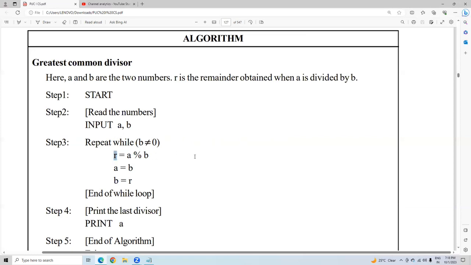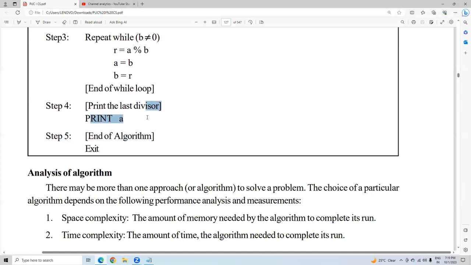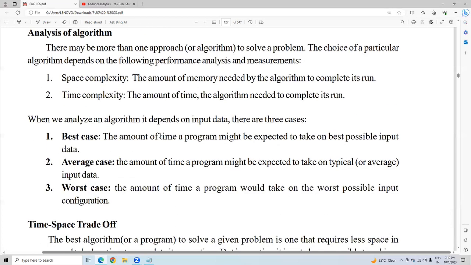First, they are finding the remainder of A by B. Then B will be assigned to A and R will be assigned to B, so that in the next round A and B are ready for the next iteration of the loop. And at last print A and exit the algorithm. Right.